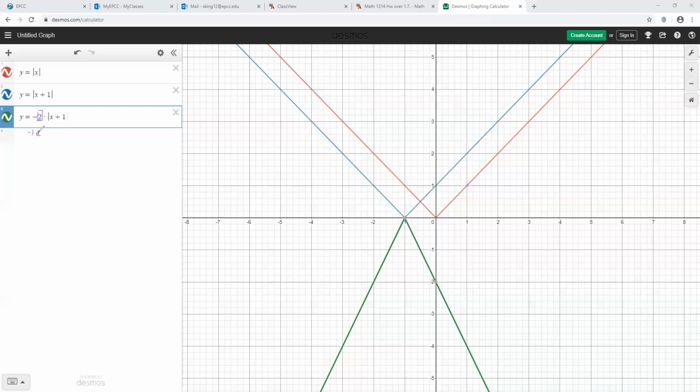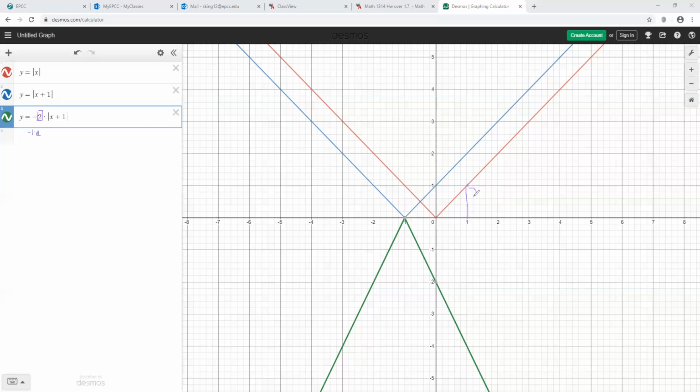The multiply 2 is another transformation, a different category: the dilation, and it's a vertical one. That means when you go over 1 and up 1, this point is not going to be 1 unit away from the x-axis anymore. It's going to stretch, yeah?